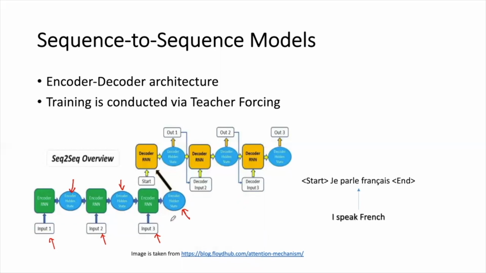Once we generate that, let's get started with the decoder portion. In the decoder, we supply this final encoder hidden state as an initial hidden state vector for the first input. The first input is a start word.